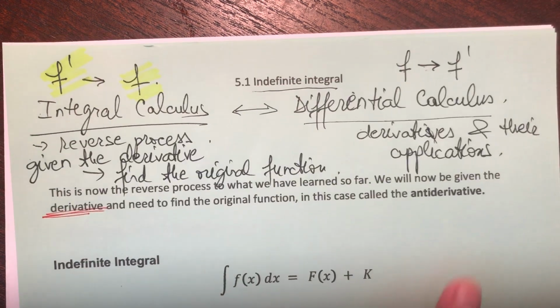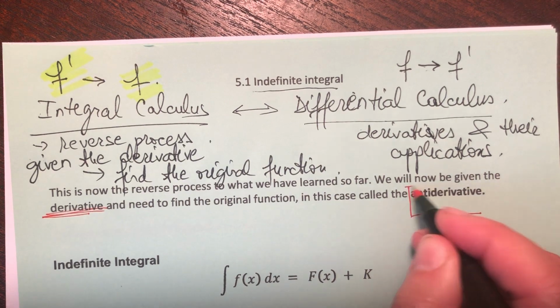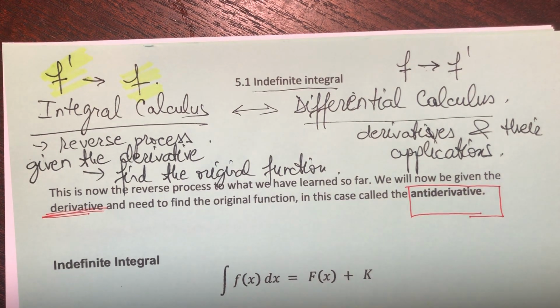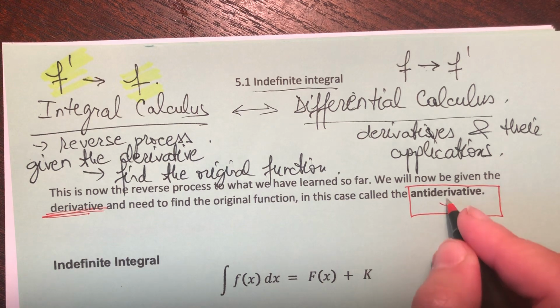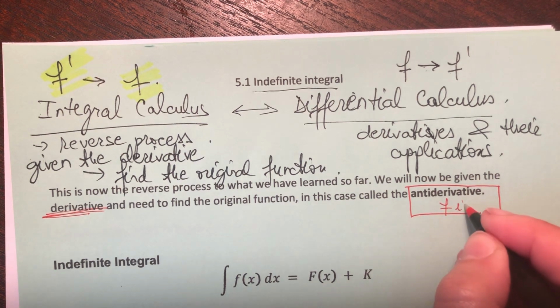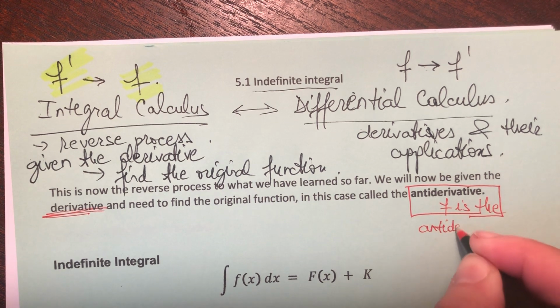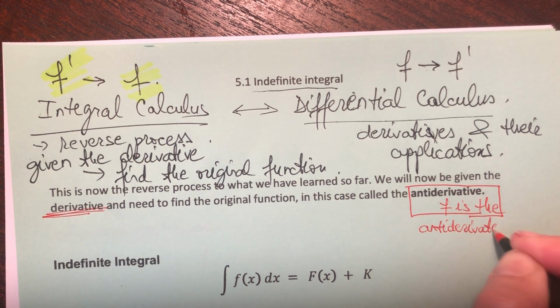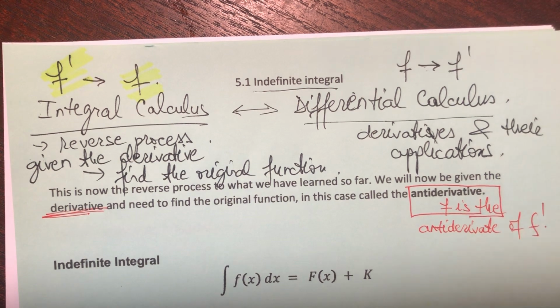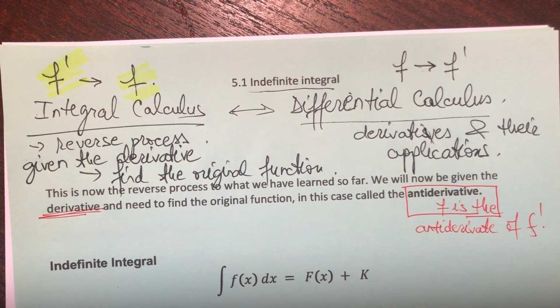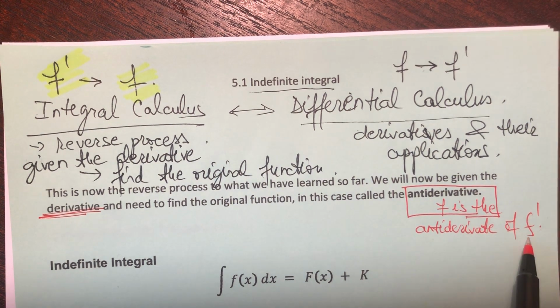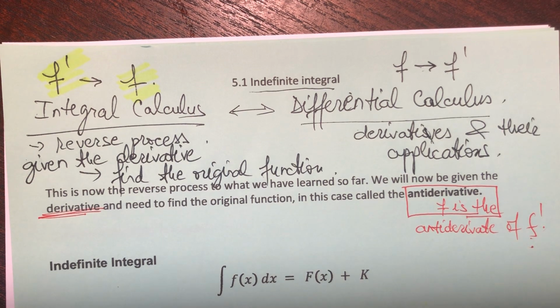This original function is called the antiderivative of the derivative. So the function itself is the antiderivative of its derivative. Going back, given the derivative function, going backwards means to find the antiderivative.